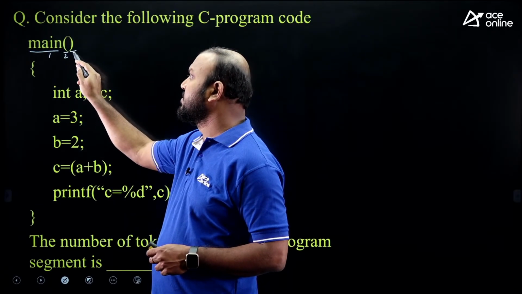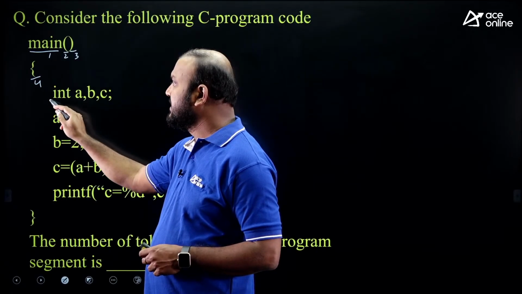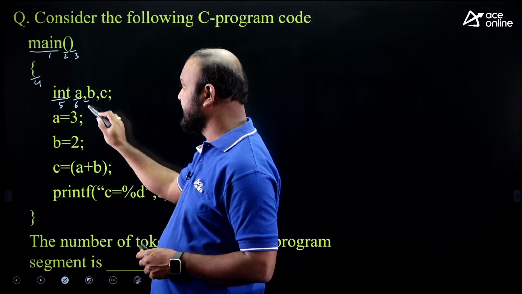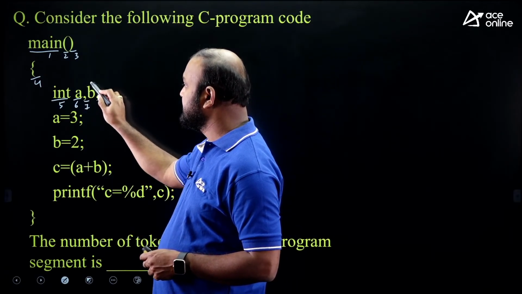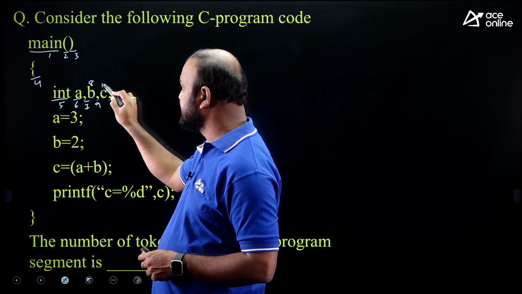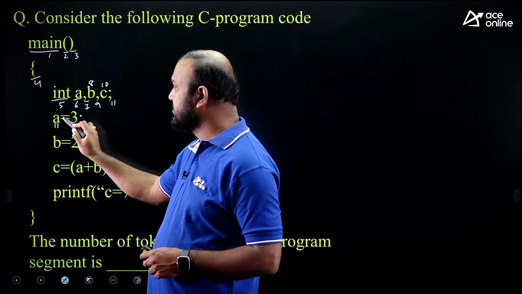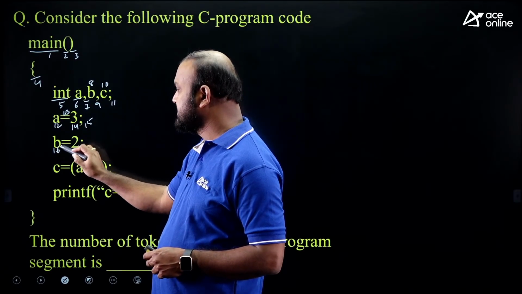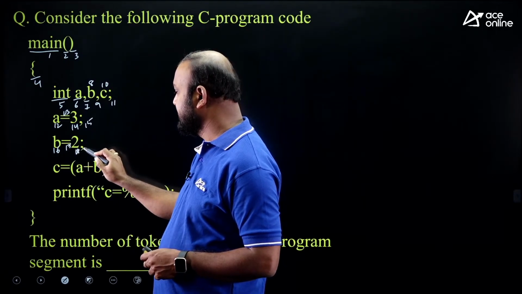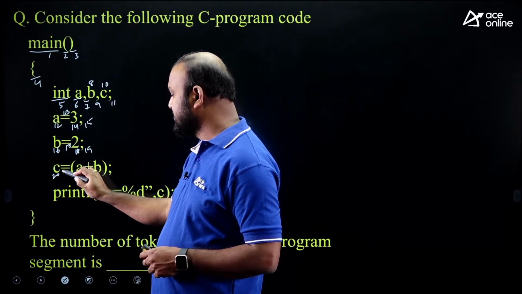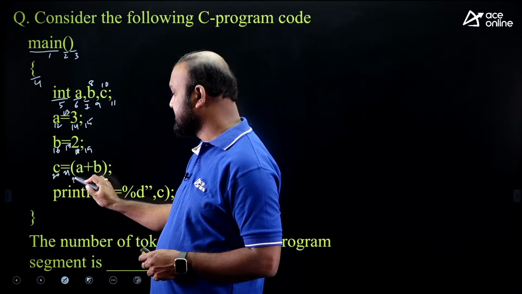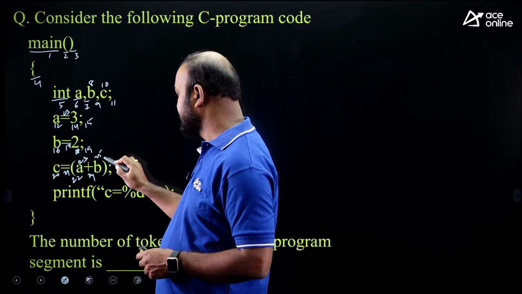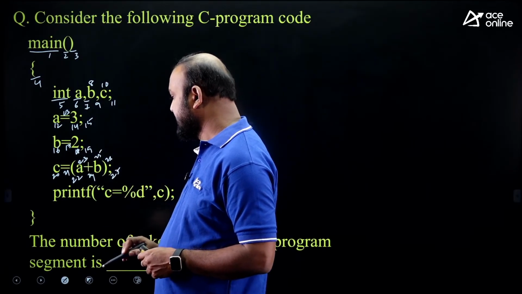Main, open parenthesis, close parenthesis, again open, int, a. This comma is also one token, which we call a special character. Counting on: 8, 9, 10, 11, 12, 13, 14, 15, 16, 17, 18, 19, 20, equal is 21, open parenthesis is 22, 23, 24, 25, 26, and 27.